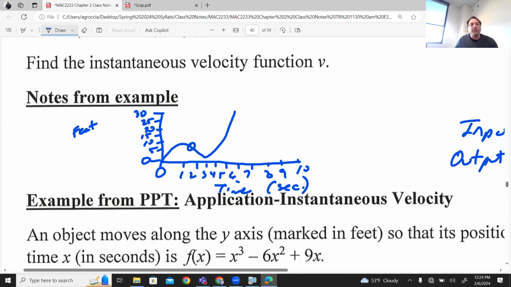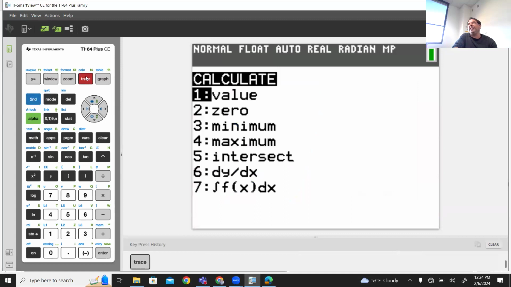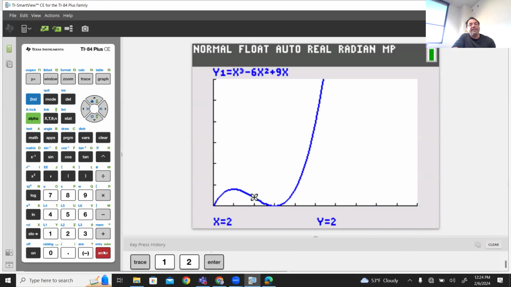What did I find? I found locations. So if you go to your calculator and hit second trace, number 1 for value, type in 2, enter, that's the location. At 2 seconds, it's 2 feet off the ground. This is the distance from the ground.